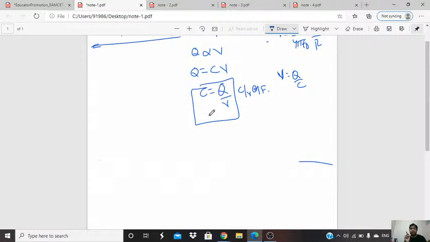So it is like a water system; it depends mainly on size and shape. Capacitors are of different types: parallel plate capacitor, spherical capacitor, cylindrical capacitor. Mainly we use the parallel plate capacitor.